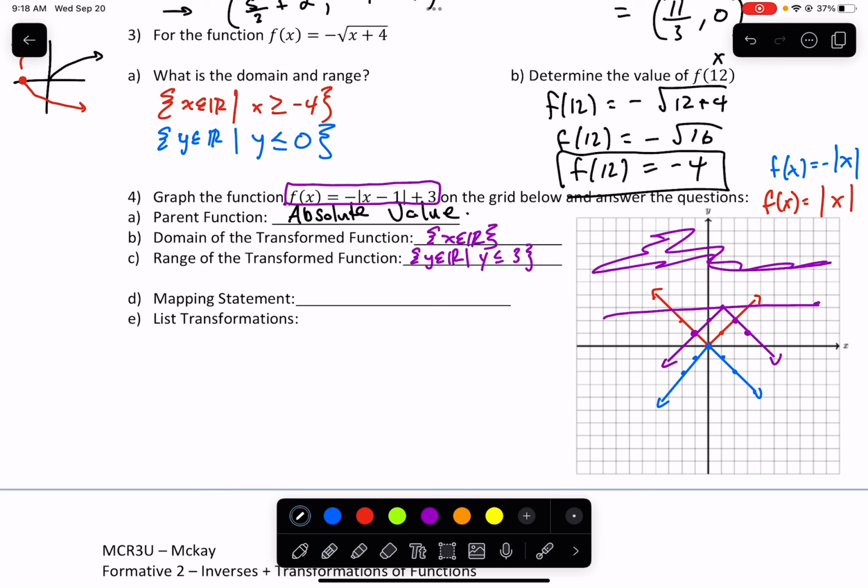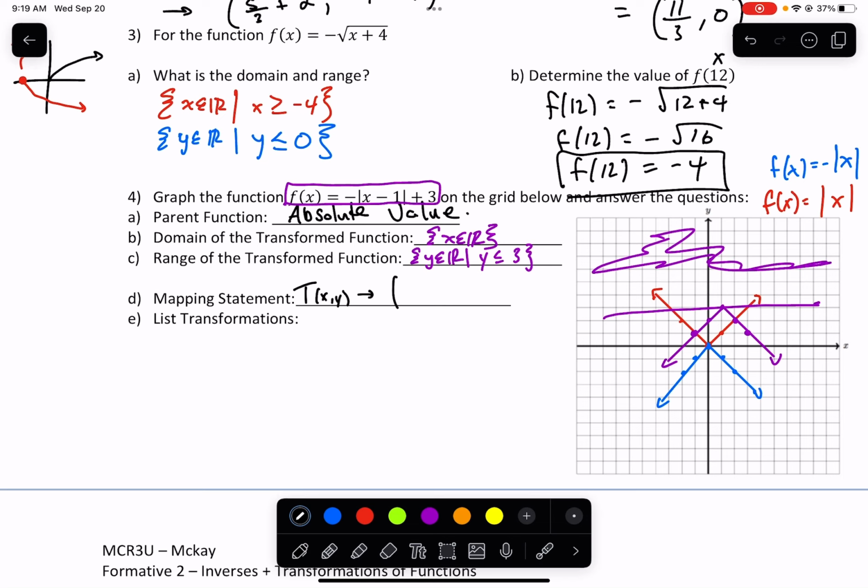If I were to transform this graph, t of x, y is going to transform to what? What's happening in the x direction? Only one thing. What did we do to get to that purple graph is the question, and you're representing that in your mapping statement. It went up 3 units, okay, but in the x direction, please.